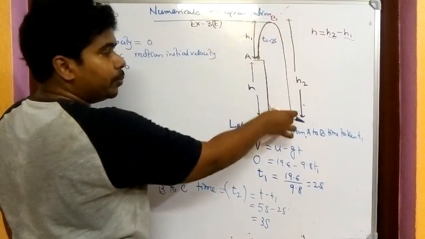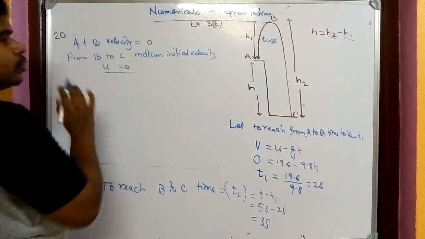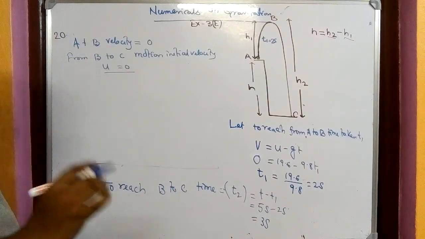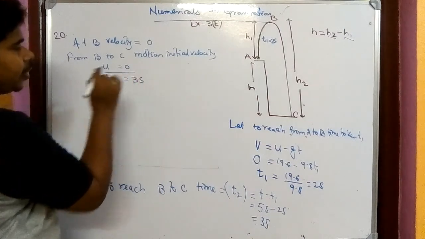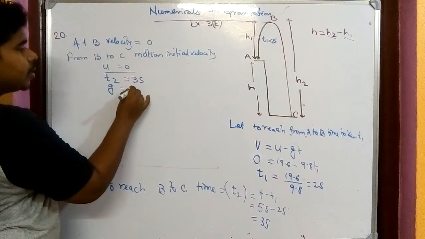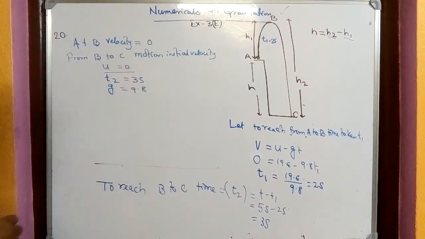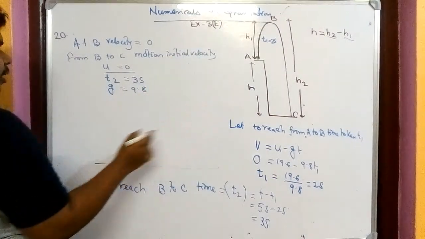Now we are talking about B to C. So at B, u equals 0. Time t2 equals 3 seconds, we have found out. g is 9.8. Now if u, t2 and g are given to us, we have to find the height h2.